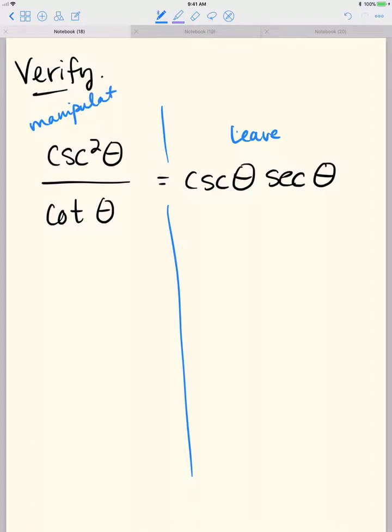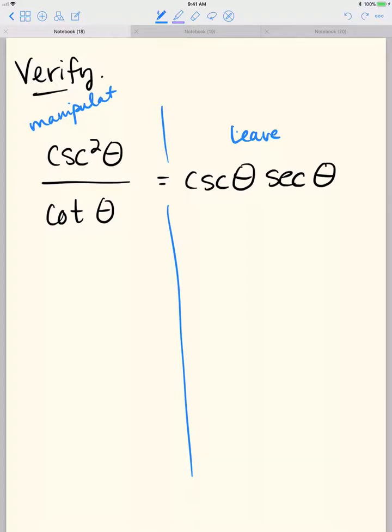There is an identity for cosecant squared: it's 1 plus cotangent squared. But I don't think, if you do that, the fact that it has a plus in it is going to create a whole lot of extra headache to get to our final verification, because there's no plus on the right side. So I don't think substituting cosecant squared with that identity is the way to go.